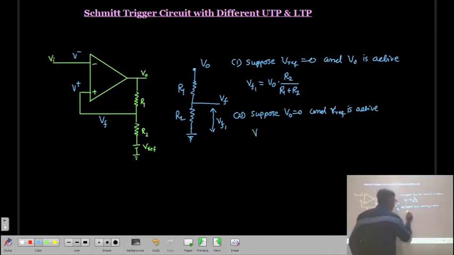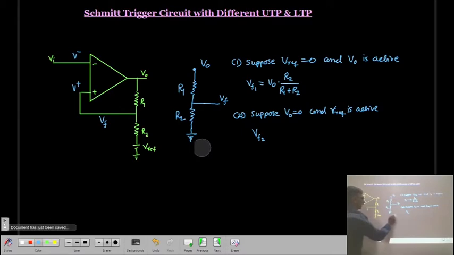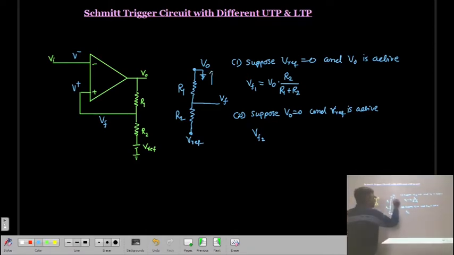So, Vf2, in this case, will be here, and this point will be connected to the ground, and at this point, the V reference is there. Okay, so what is my voltage Vf2? Vf2 voltage is this.